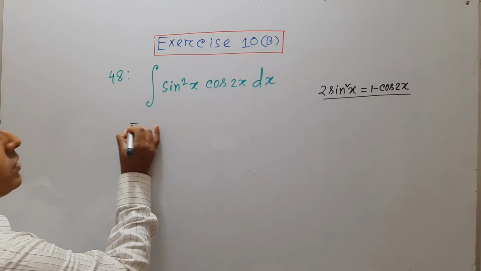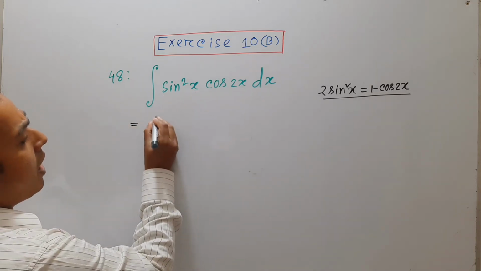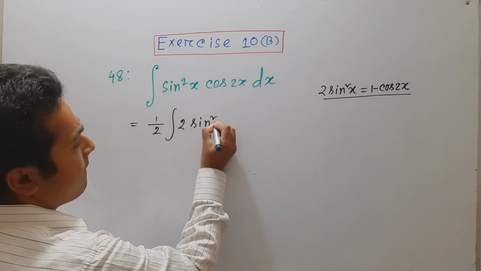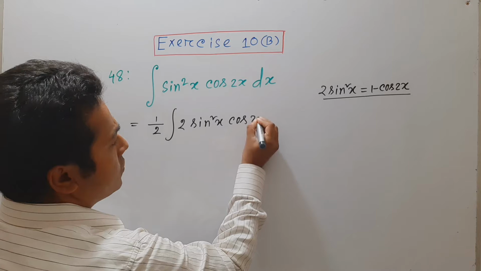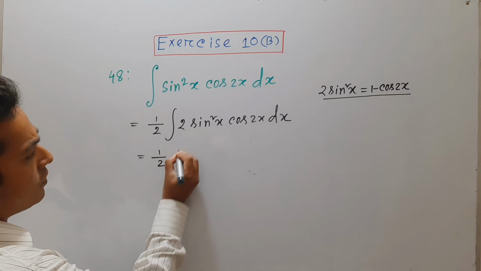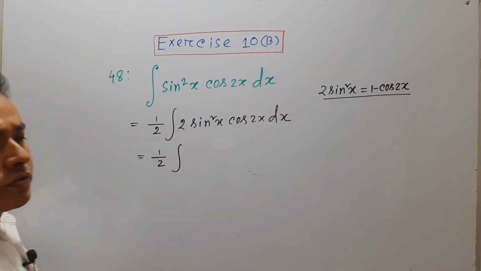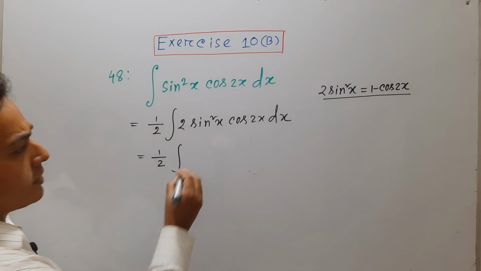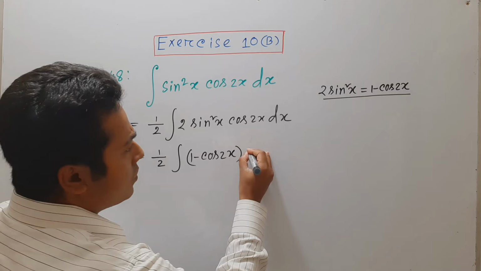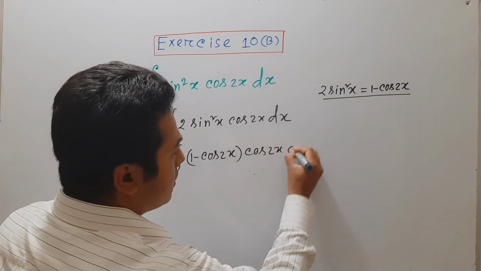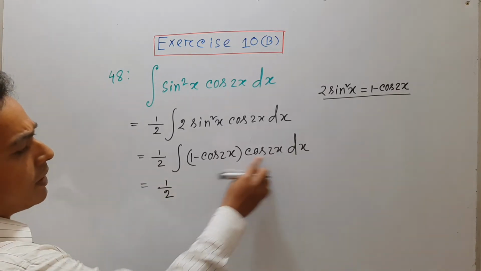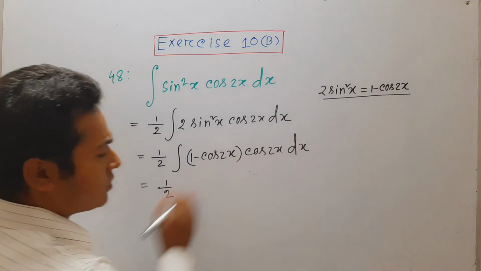Okay, so we need 2 sin square x, that's why half into 2 sin square x cos 2x dx. So half into 2 sin square x is equal to 1 minus cos 2x into cos 2x dx, and then half into multiply this by cos 2x.